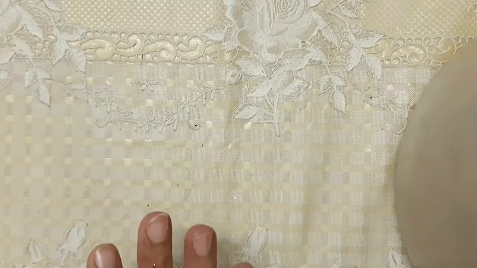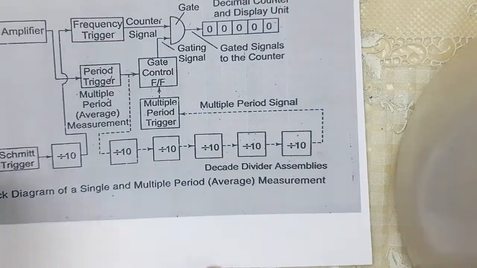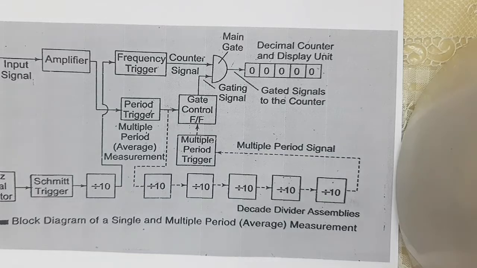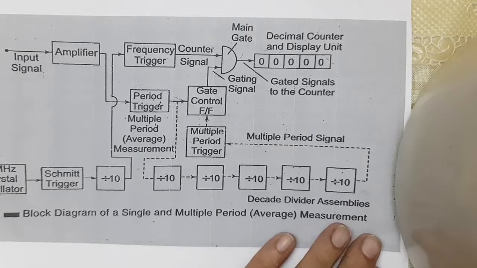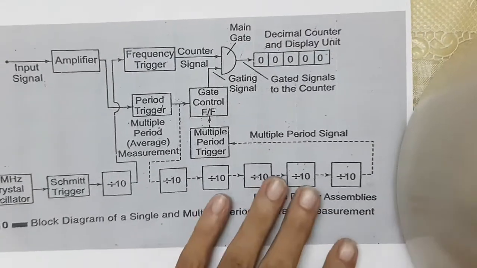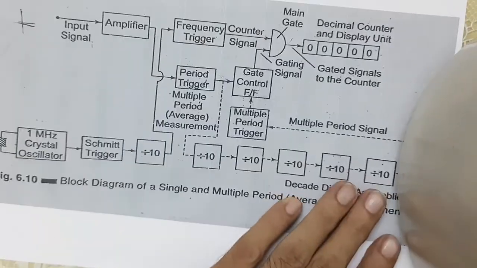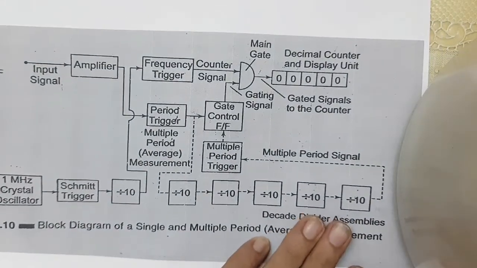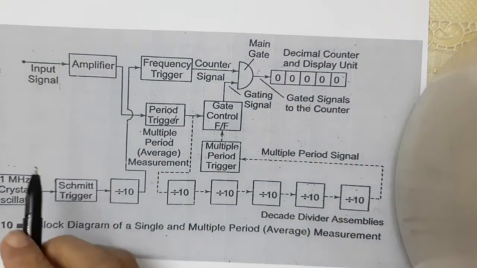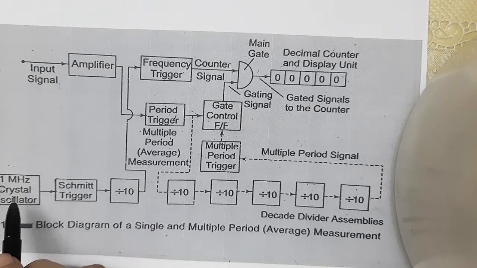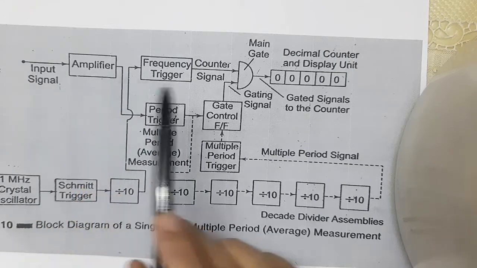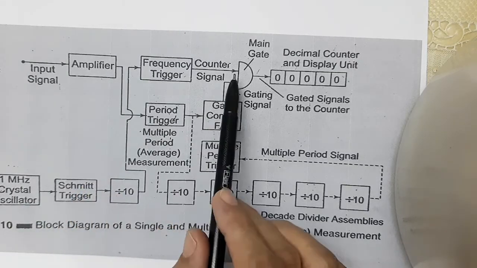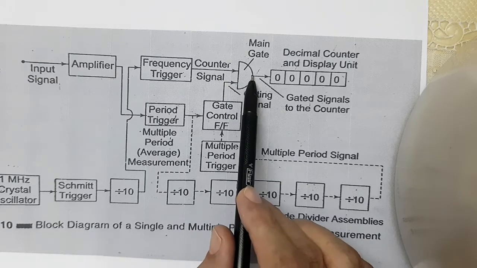So this is our block diagram. Here, this is our input signal given to the amplifier, frequency trigger circuit, counter, and this is our main gate.